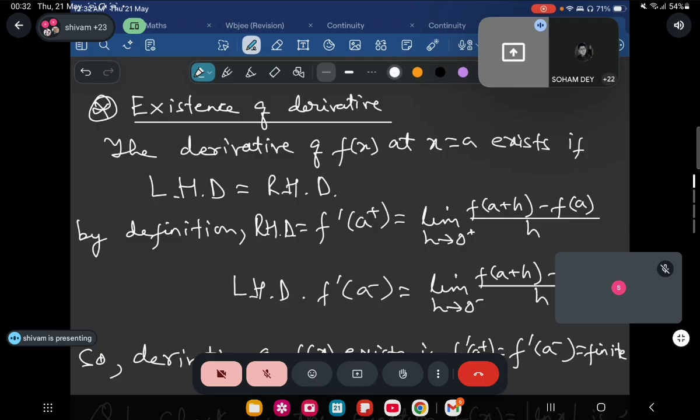But over here, don't you see that I have written h tends to 0 minus? Oh yeah, right. If I had written h tends to 0 plus, then I would have written f of a plus h. Okay, I hope you have understood.